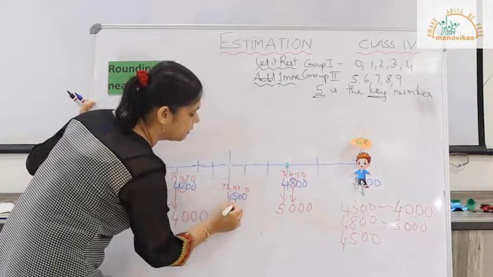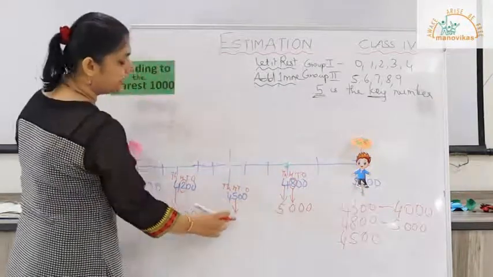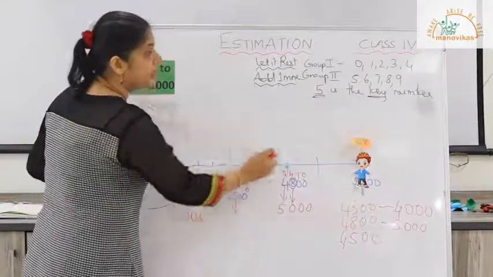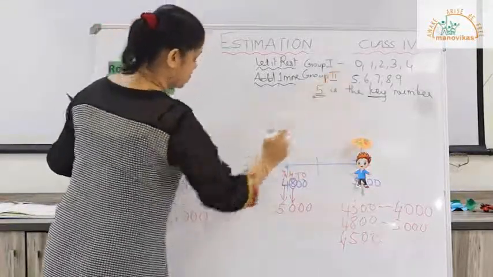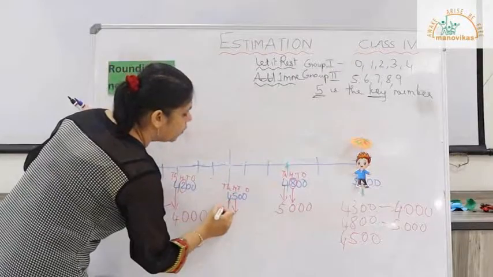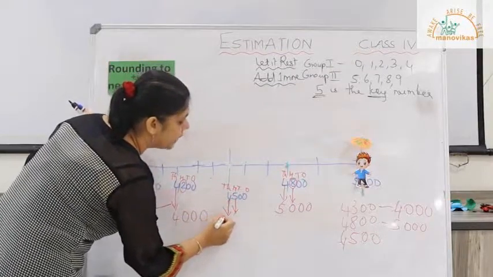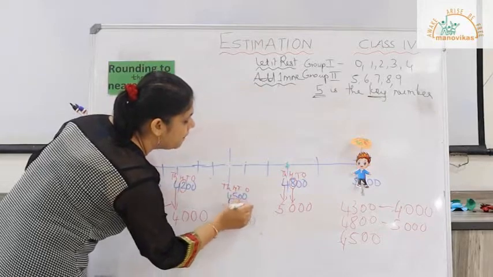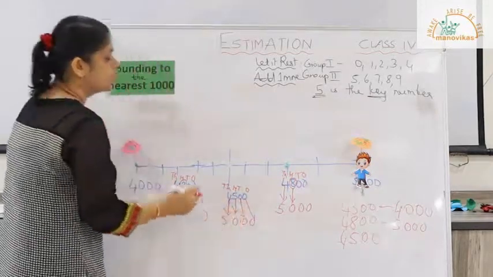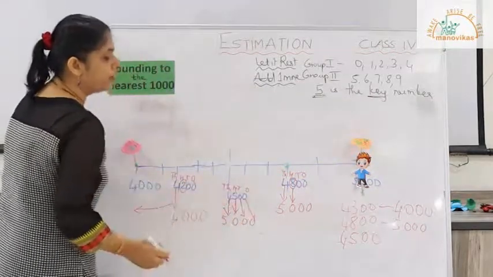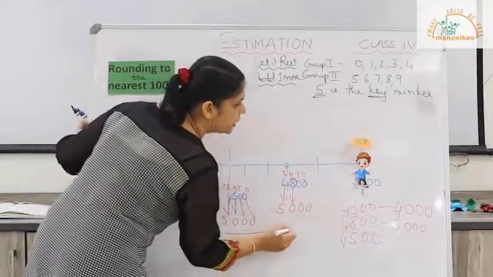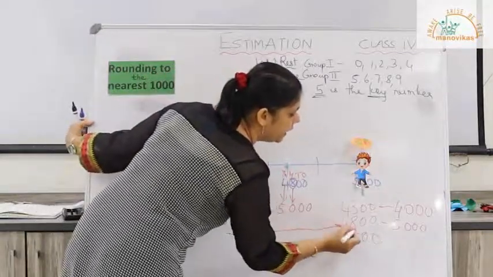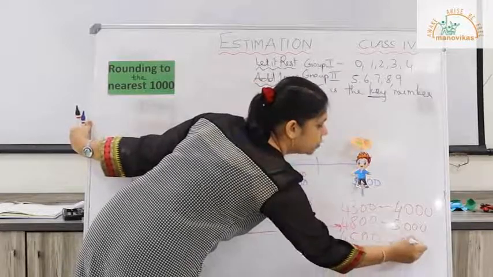Come on. Yes, 5. That's right. Now this 5 is in group number 2. So 1 will be added to 4, it will become 5 and the rest of the digits will become 0. So 4500 rounded up to its nearest thousand will be 5000.